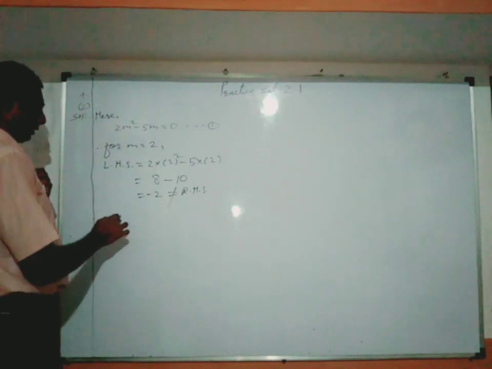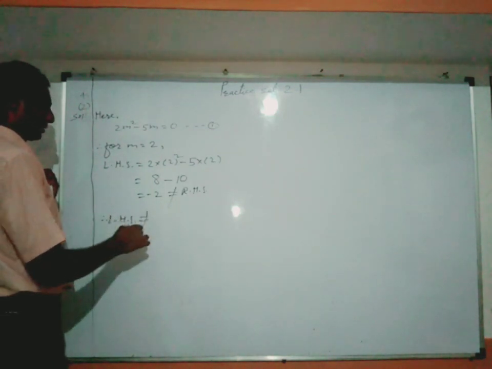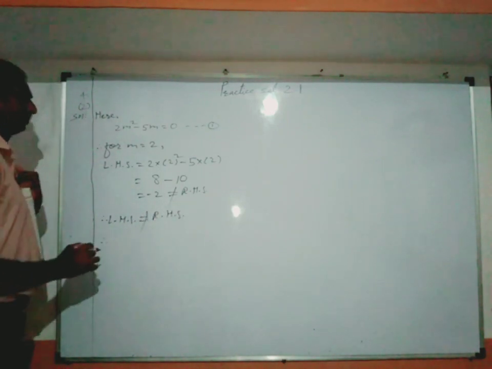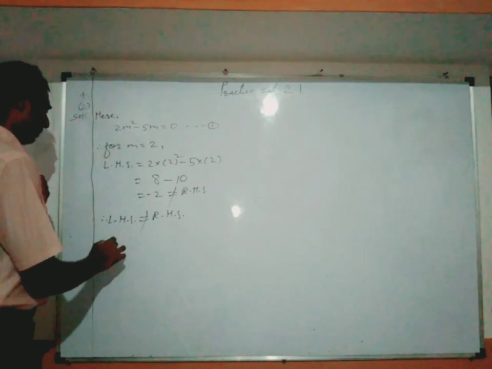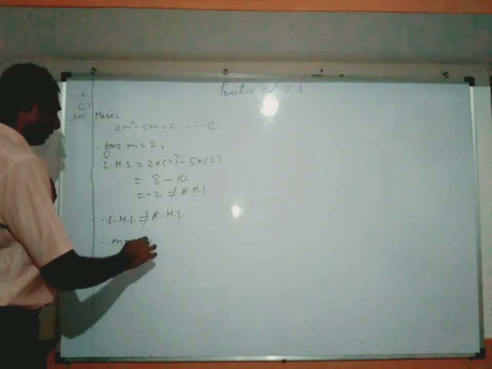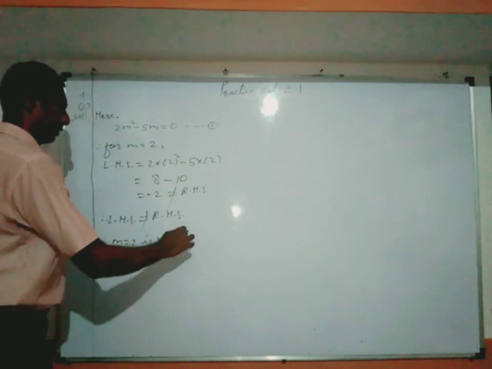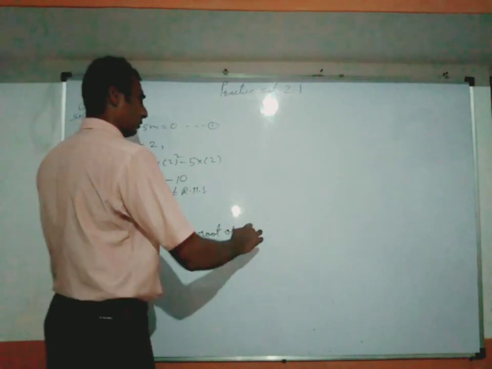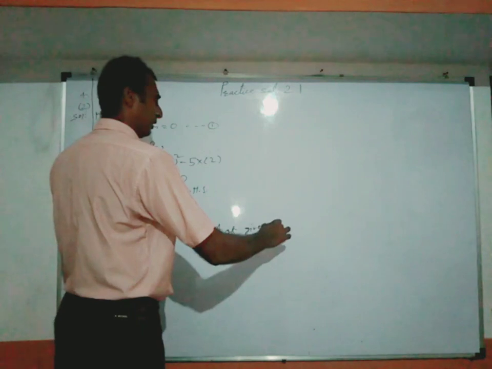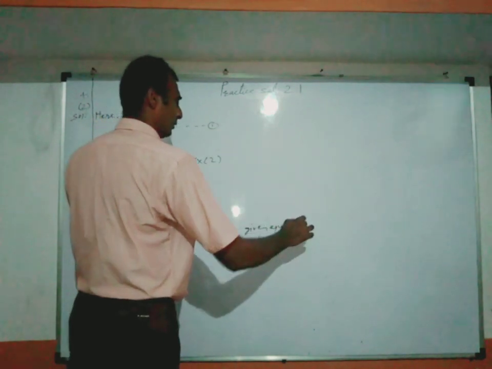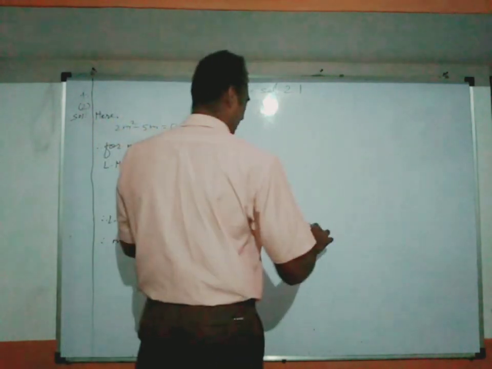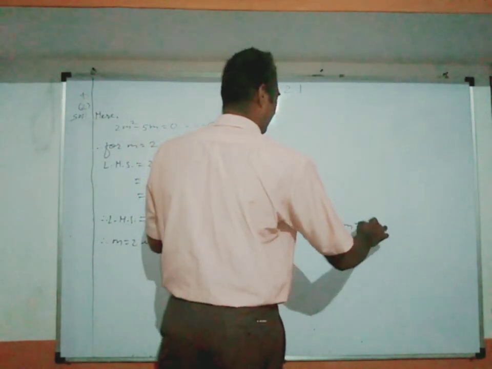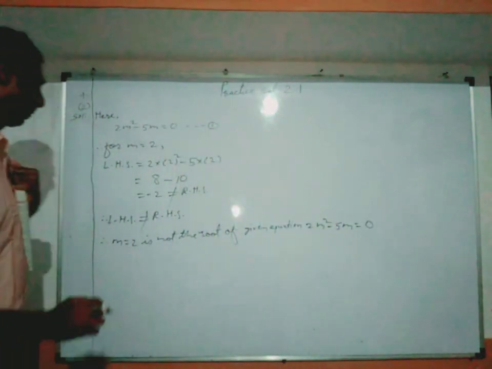Therefore LHS is not equal to RHS, and therefore m equals 2 is not the root of the given equation, 2m square minus 5m equals 0.